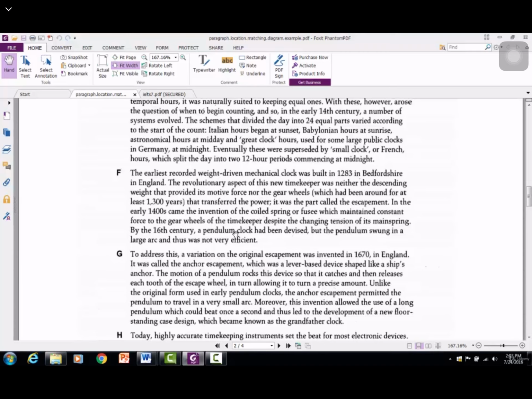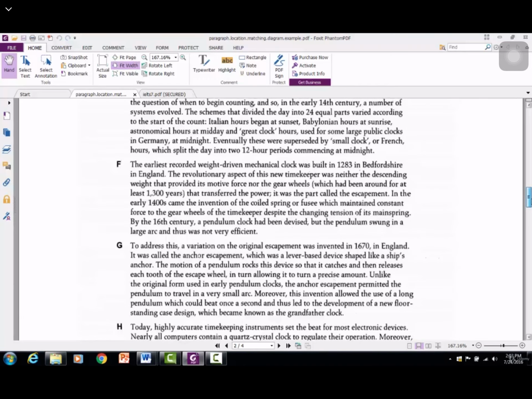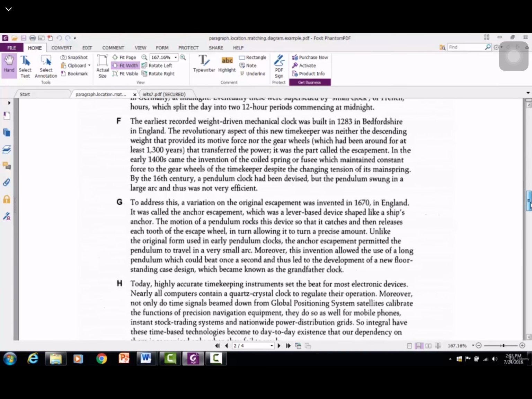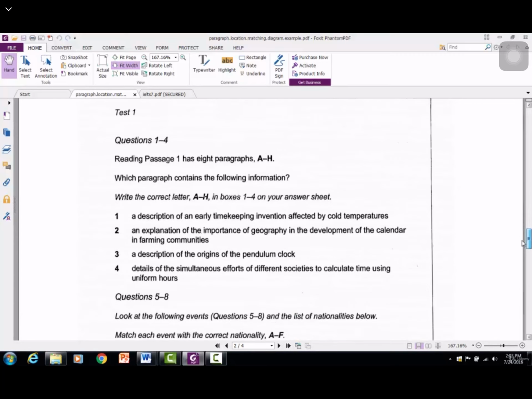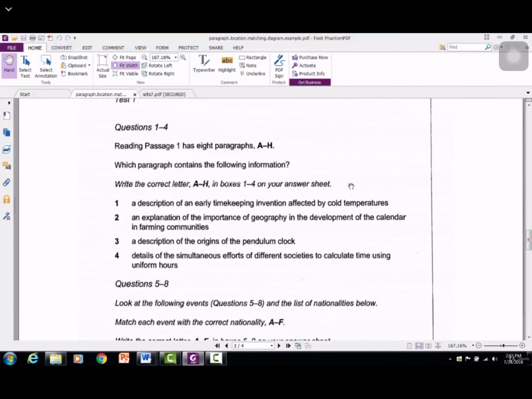Right, I see something about a pendulum clock right here. When I was looking at that paragraph about England, that jumped out to me. So that means that number 3 is F. The description of the origins of the pendulum clock. That's paragraph F.